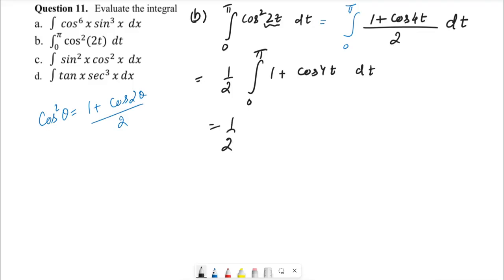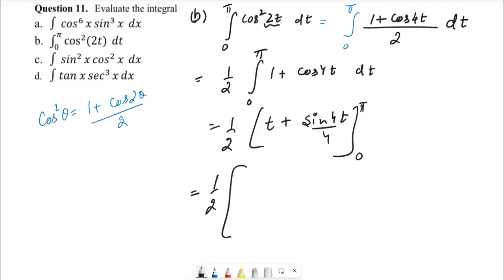Half is just here. Integral of 1 is t actually. The variable is t. Plus integral of cosine is sine 4t by 4, from 0 to pi. So let's put the limits. Upper limit minus the lower limit.